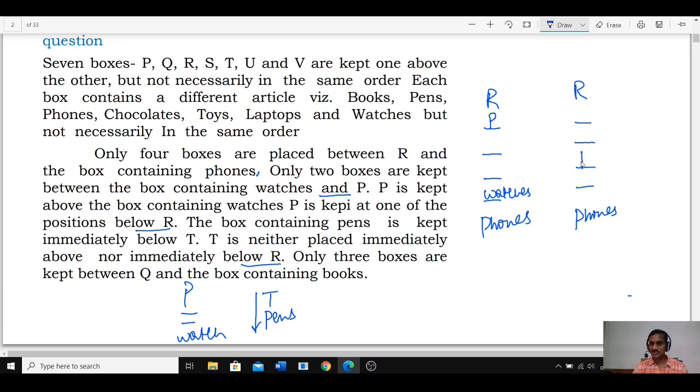If P is here, then 1, 2 watches will be here. Here there are many possibilities, but for P only 2 possibilities: P can be in the second place from the top, or in the 4th place.